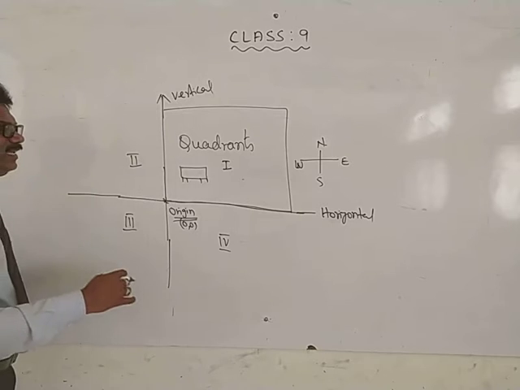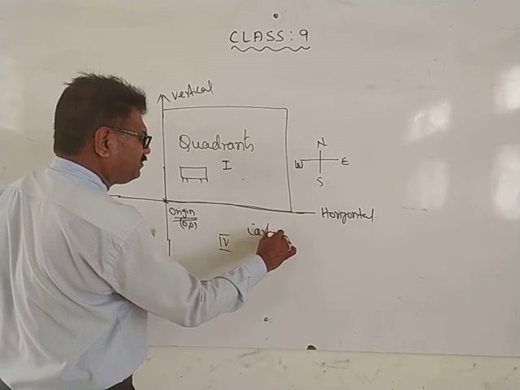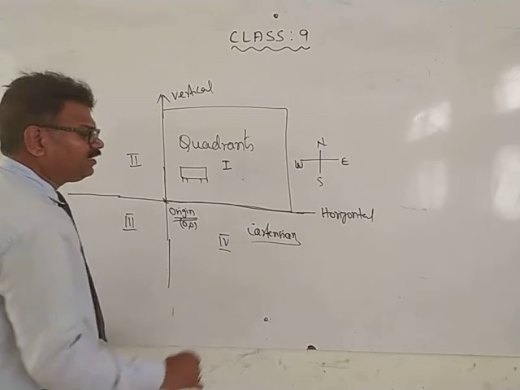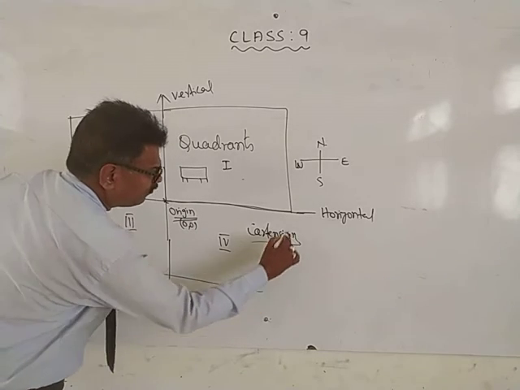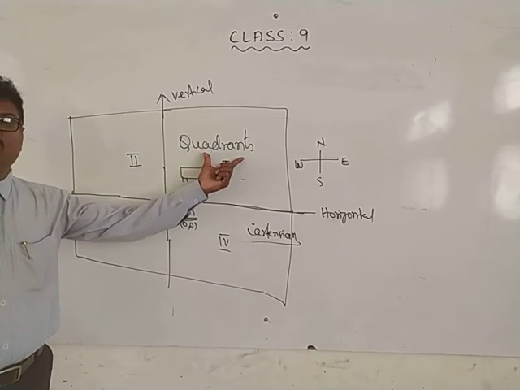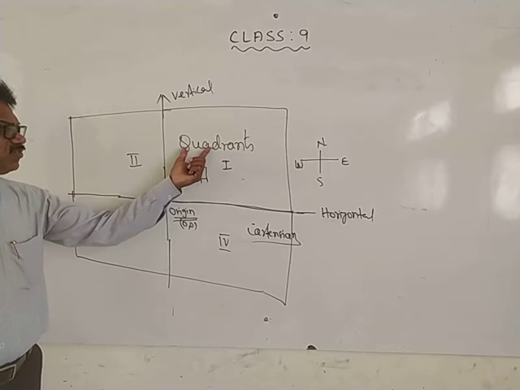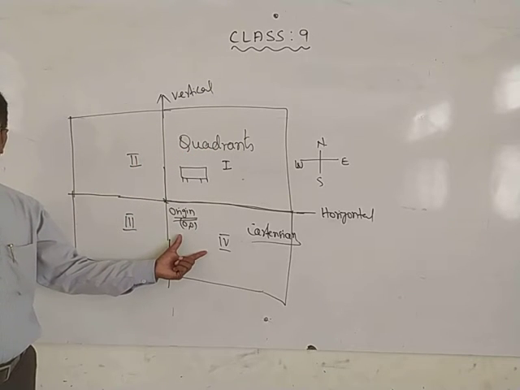This plane is known as the Cartesian plane. The plane has been divided into 4 parts, and each part is known as a quadrant.